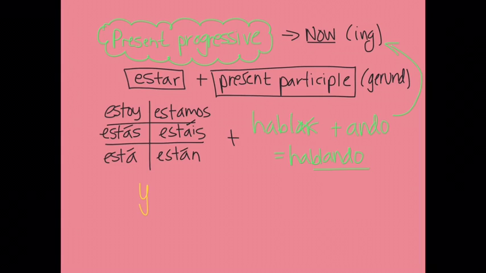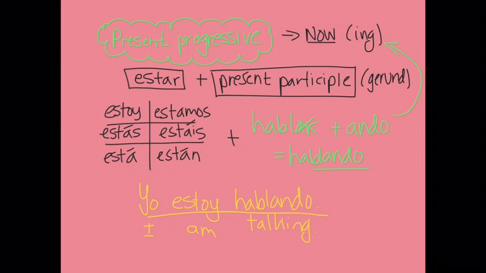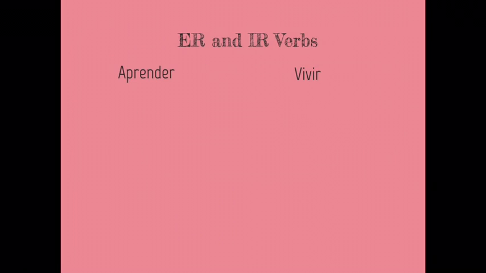So we need the estar first and then the present participle. So yo estoy hablando. I am talking. Much better. So we need both parts. And again, this is used sparingly because it's used for emphasis of an action happening right now. So we've got the I from the yo, the am from estoy, and hablando gets us the ing.